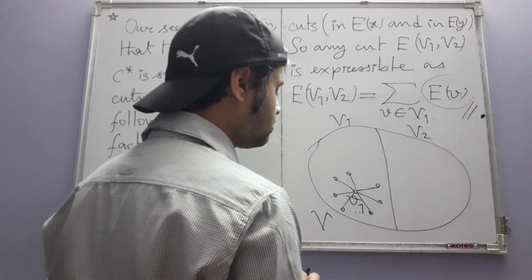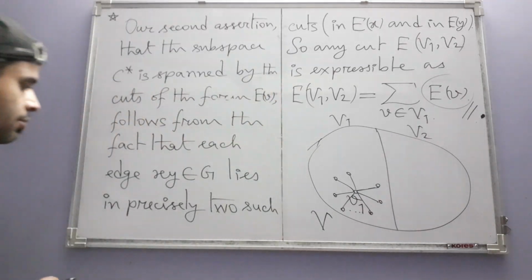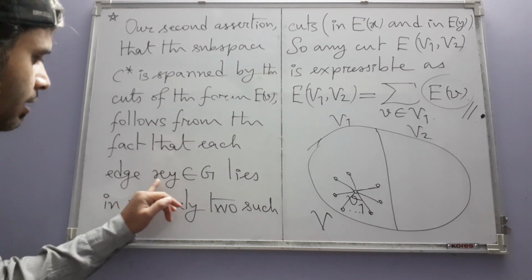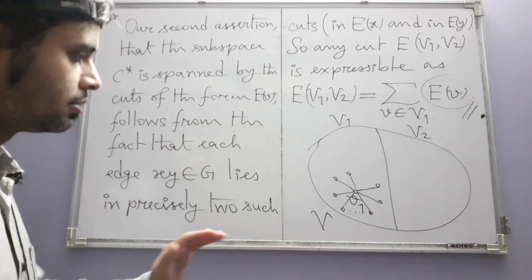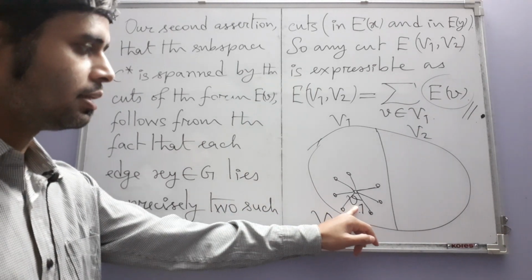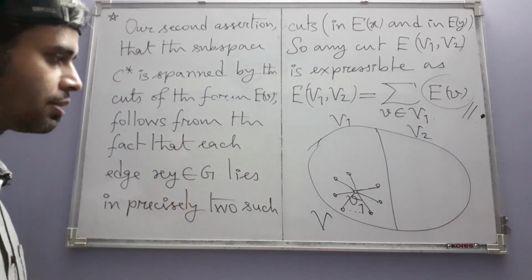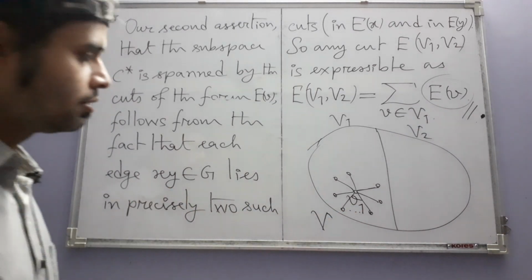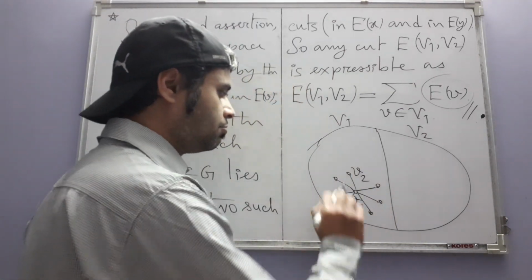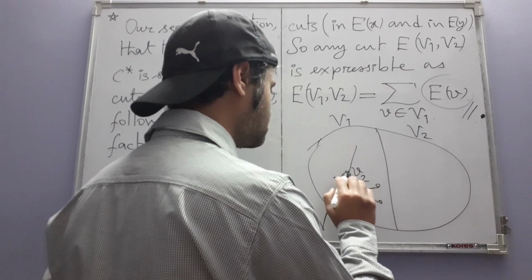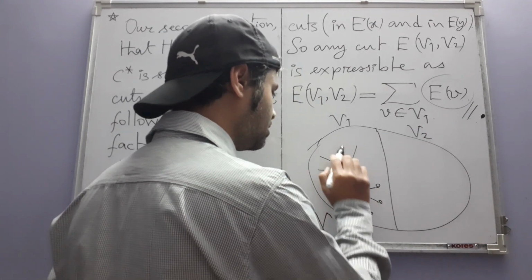Now, say xy is some particular edge. In place of x, you can think V1, and in place of y, say you think of another vertex V2. V2 also has some edges emanating from it.